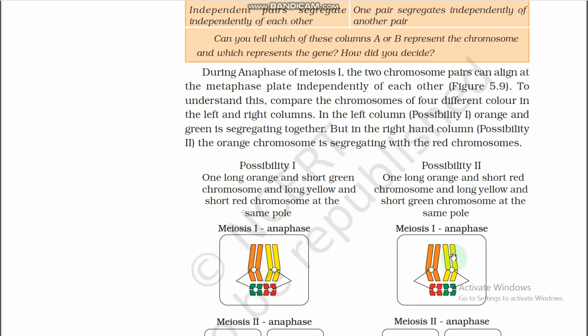Here there is one long orange and short red chromosome, and long yellow and short green chromosome. There are two possibilities, only color variance. Just remember, don't get confused, it is only color variance for your understanding, but both are the same, right? So same pole, meiosis 1 anaphase.